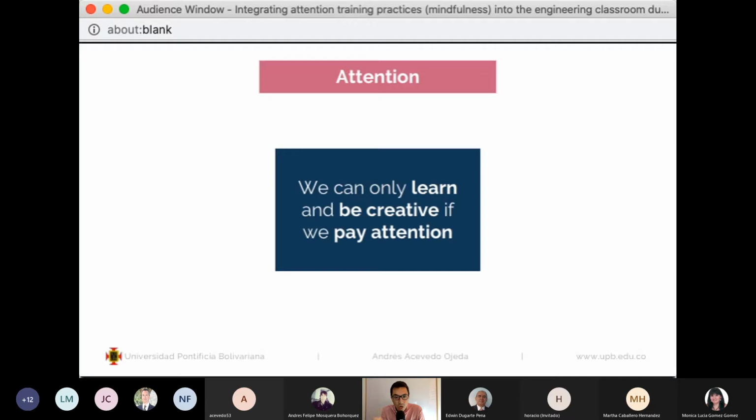We can only learn and be creative if we pay attention. The most significant experiences in our lives are those that are able to capture all our attention.